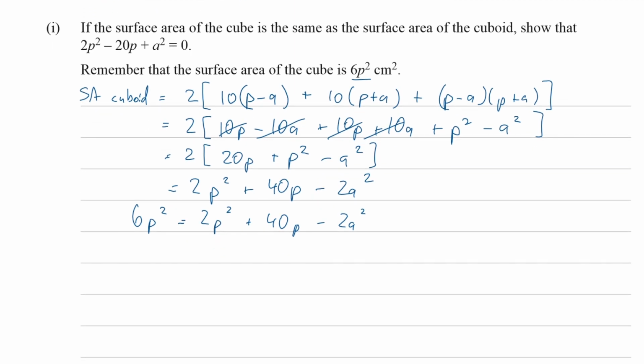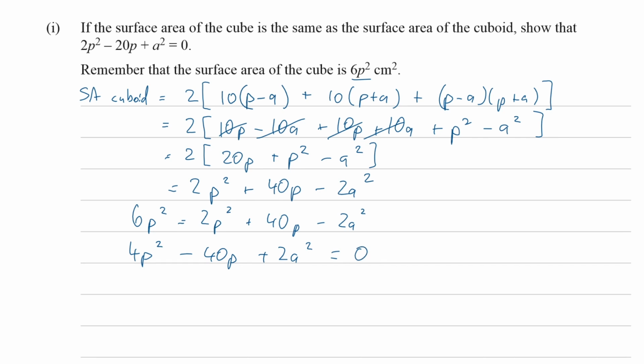The question is asking us to show that this equation holds, so let's just take everything to one side. Since the p squared coefficient is positive, I'll take everything to the left. So 6p squared minus 2p squared is 4p squared, and then minus 40p, minus negative 2a squared, so plus 2a squared, equals 0.